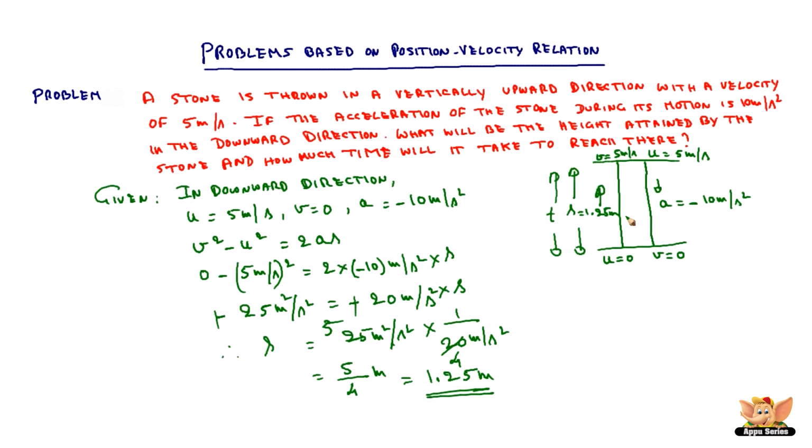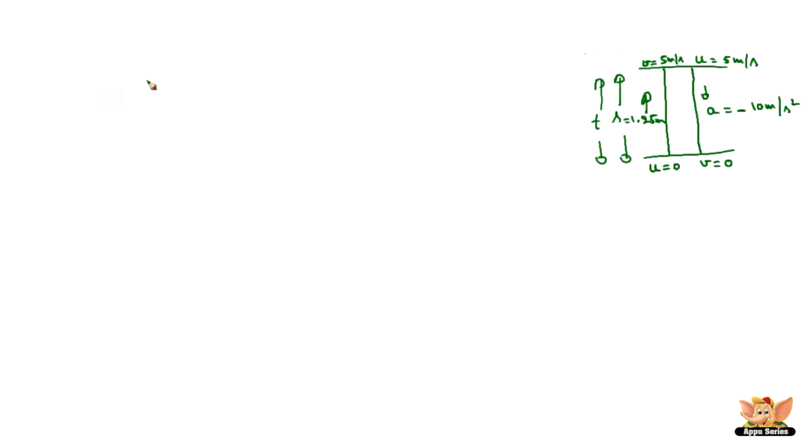Now going to the upward direction, since we need to find out the time taken in upward direction, we know that u is equal to 0, v is equal to 5 meters per second, and s, we just found the distance, whether it is upward or downward, distance is the same, which is 5 by 4 meter.